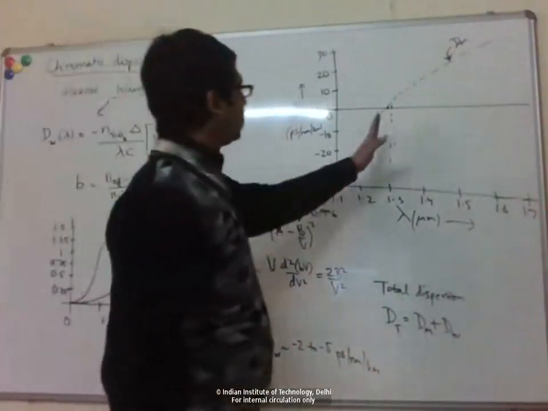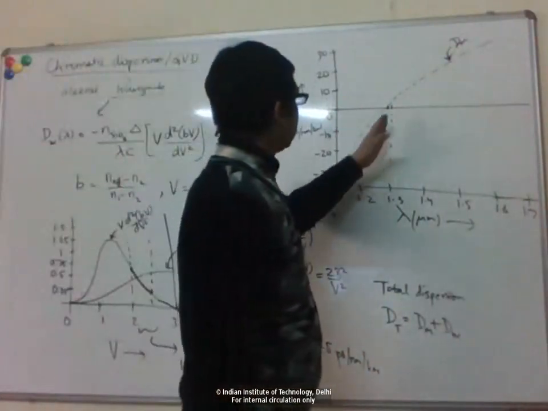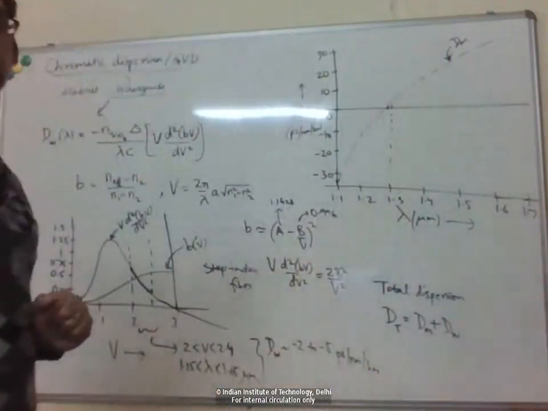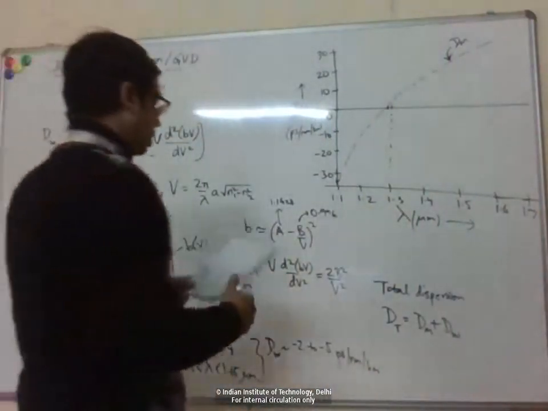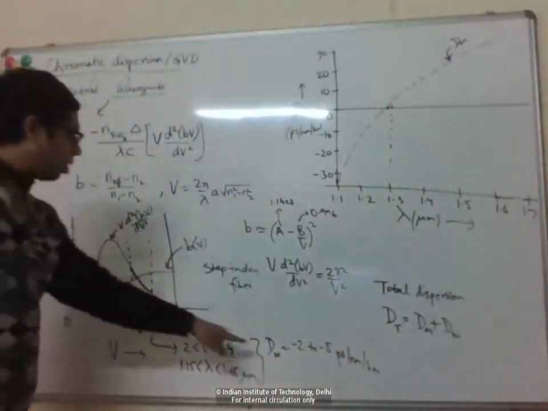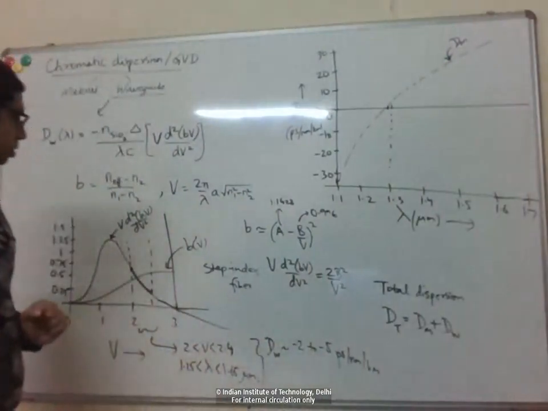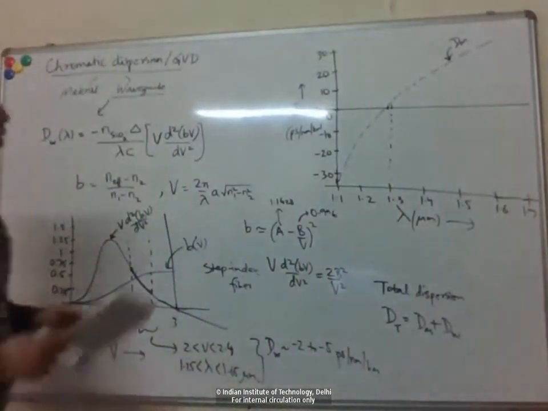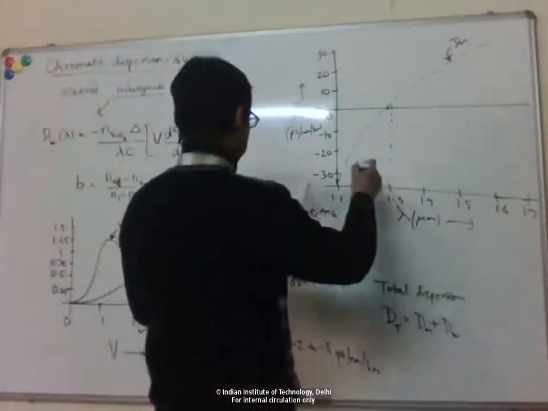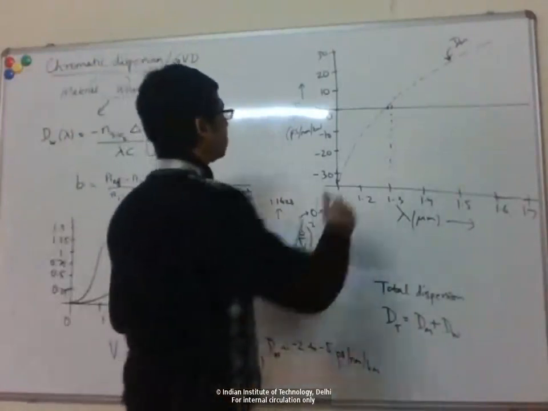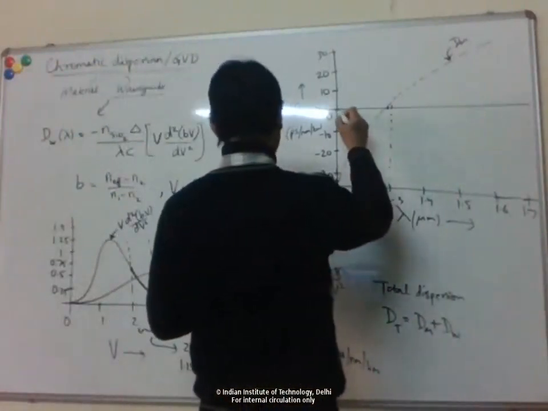It's normal dispersion below 1.3 and anomalous dispersion, or positive D, above 1.3. This waveguide dispersion you see here is always negative, and the value is in this range, looking something like this.